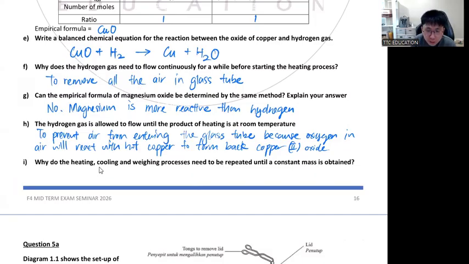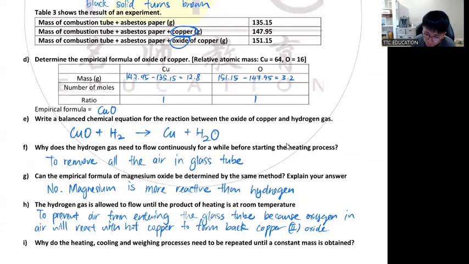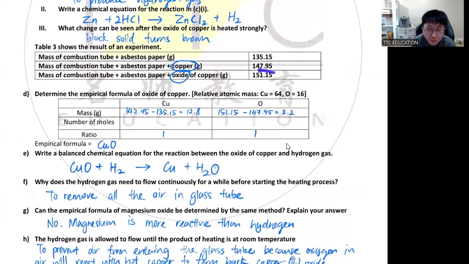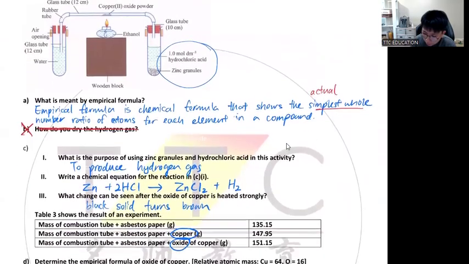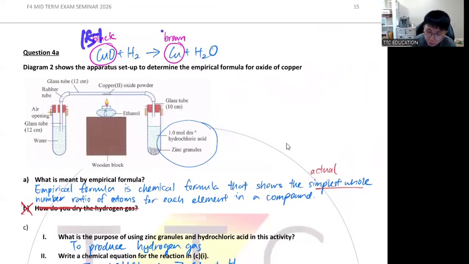Okay, why is the heating, cooling, and weighing process repeated until a constant mass is obtained? So guys, this experiment usually has no fixed ending, because you never know when the final mass is. Think about it: you start off with, let's say, 151 grams. Then after reaction, it drops to 148. How do you know 148 is the final mass?